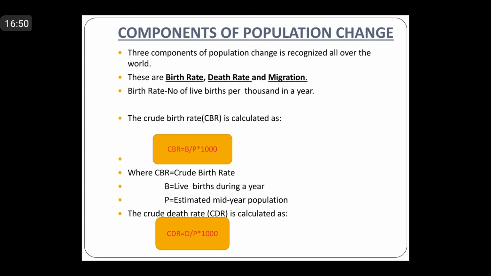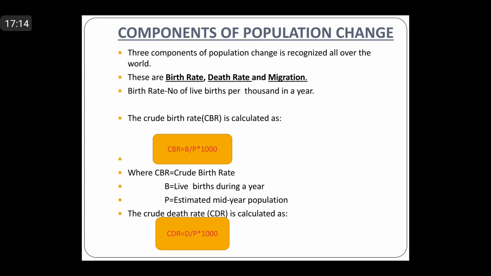Then the crude birth rate will be 40,000 divided by 2 million into 1000, which gives you 20 per thousand. The birth rate is always expressed per thousand.